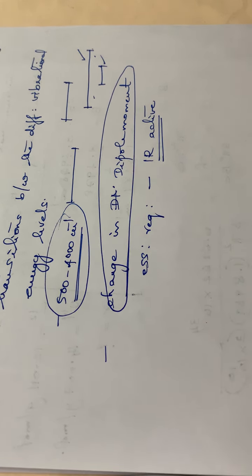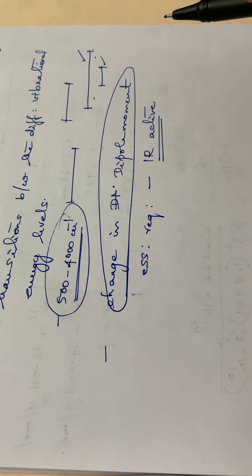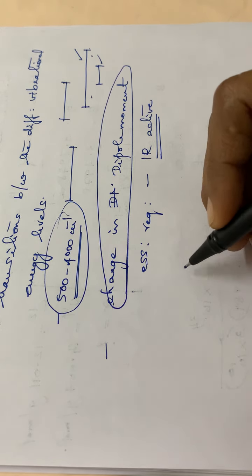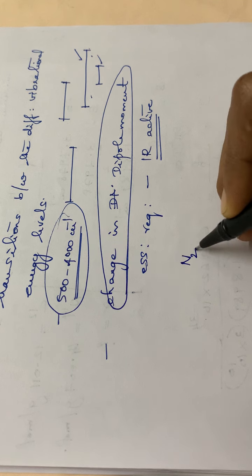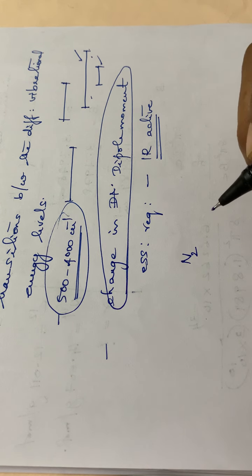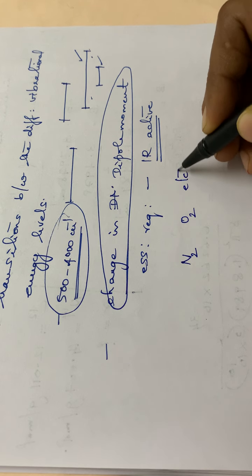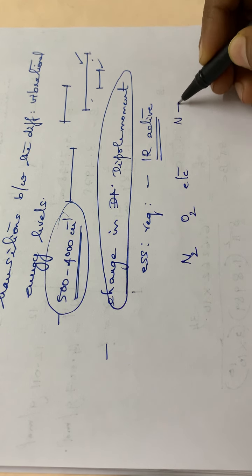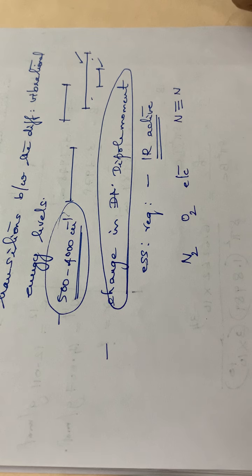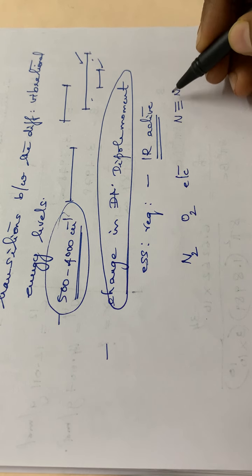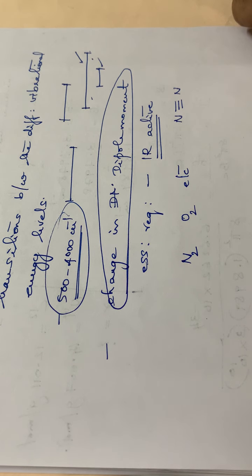Normally, in the case of dipole moment, diatomic molecules means molecules with two atoms. It can be nitrogen, oxygen, etc. In the case of nitrogen and oxygen, N triple bond N, is there any electronegativity difference between these two atoms?